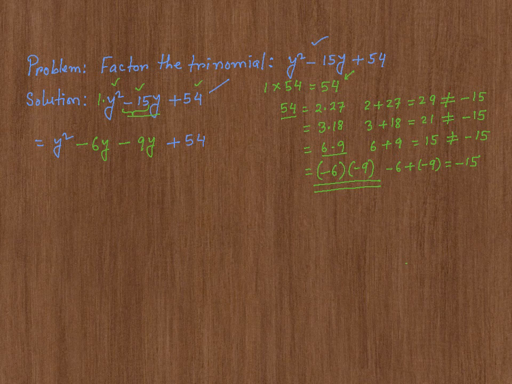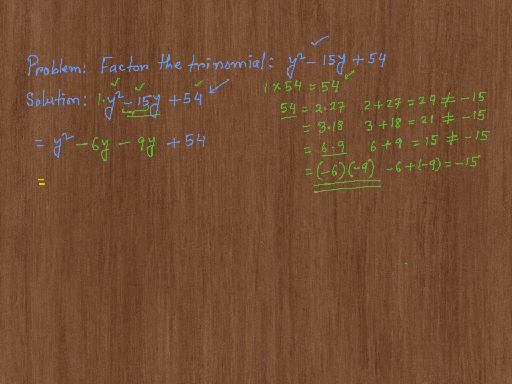Note that this was a trinomial. By breaking down the 15y, we converted this into a sort of quadrinomial. And what's happening here is that we are going to group it and then factor it. So let's go ahead and try that.